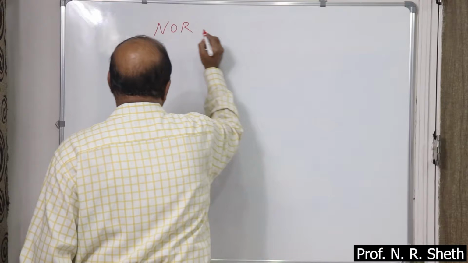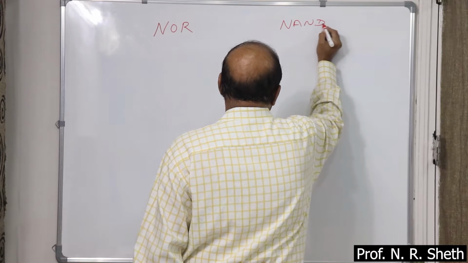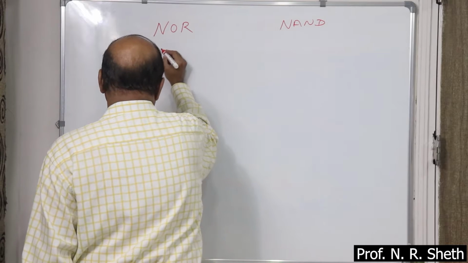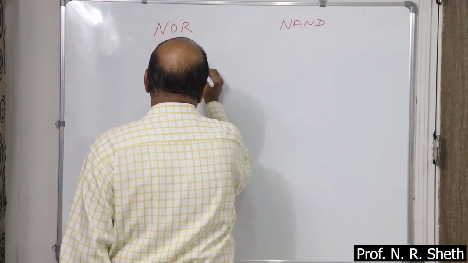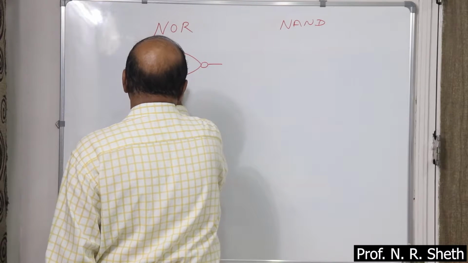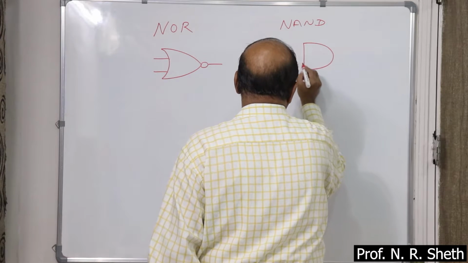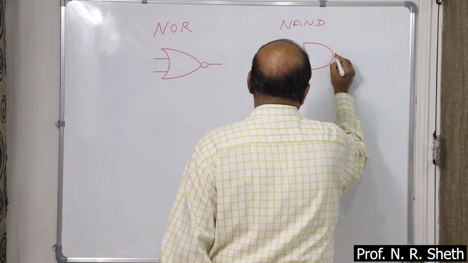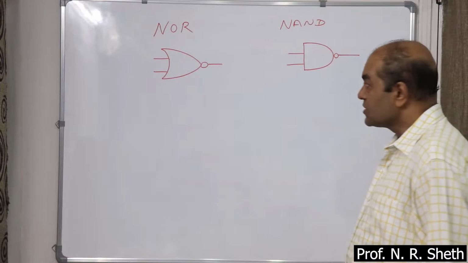NOR and NAND. Symbolically, NOR gate is represented in this way. This is about the NAND gate.